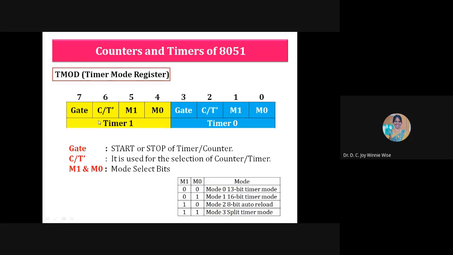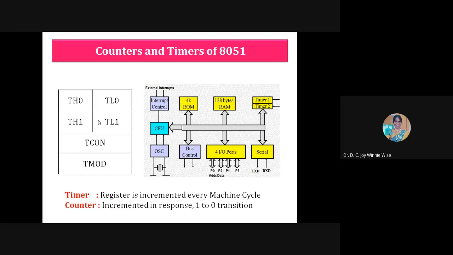Another important thing is that this can be used as a timer and also a counter. See here at the bottom. Timer means, as I said earlier, if you put the value 15 in TL0, the register is incremented or decremented every machine cycle. Whenever a clock pulse is given, the timer will increment or decrement the value.